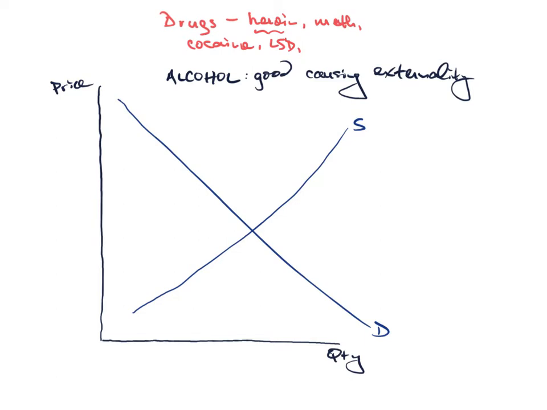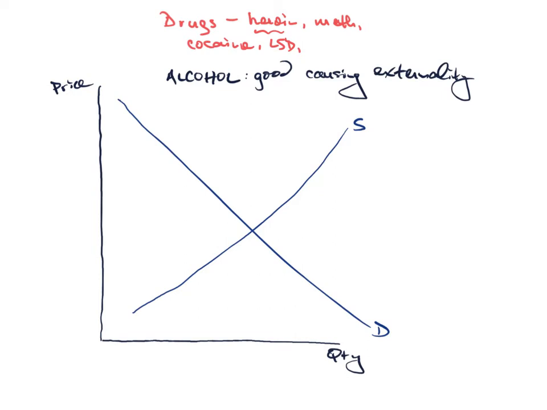Perhaps it is difficult for a family when dad's addicted to heroin, or mom is on crack. So the government says, listen, you're doing too much damage to the kids. We don't want that behavior. So the government has its two options for how to cut back on behavior that causes externalities.